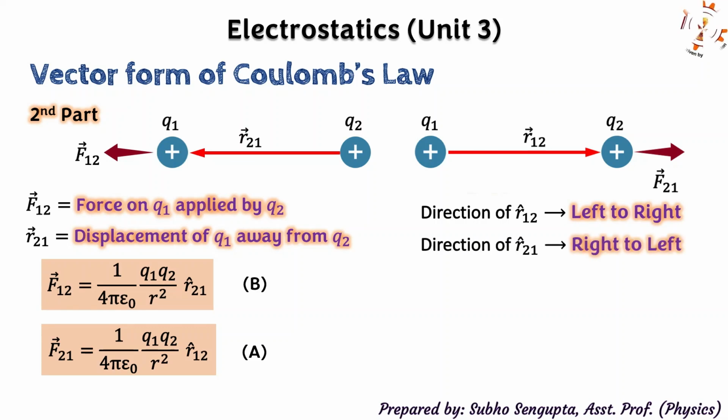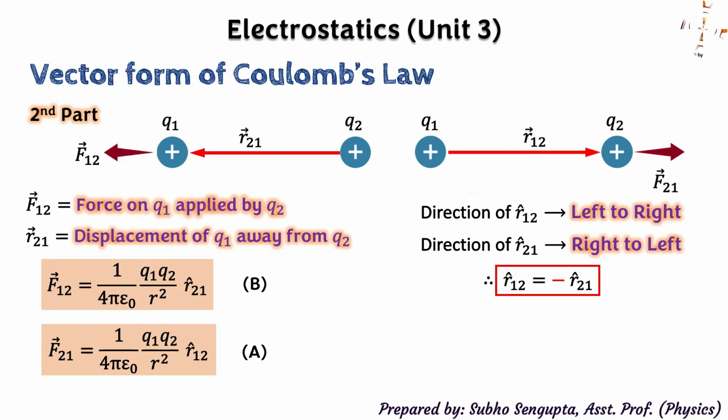So, what is the relation between these two unit vectors? Well, they have the same magnitudes, but are oppositely directed. So, I write R suffix 12 hat is equal to minus R suffix 21 hat. The negative sign indicates that they are oppositely directed, while the equal sign signifies they are equal in magnitude.